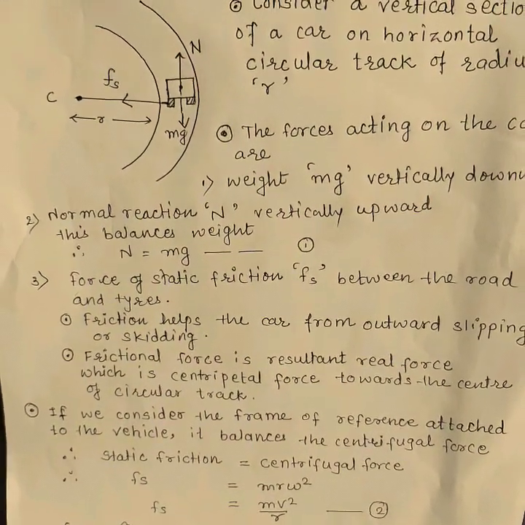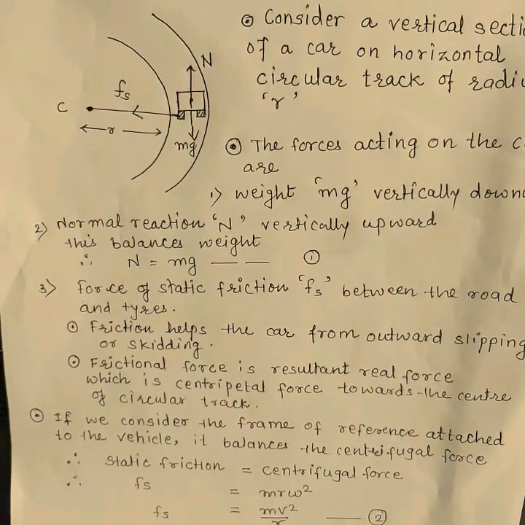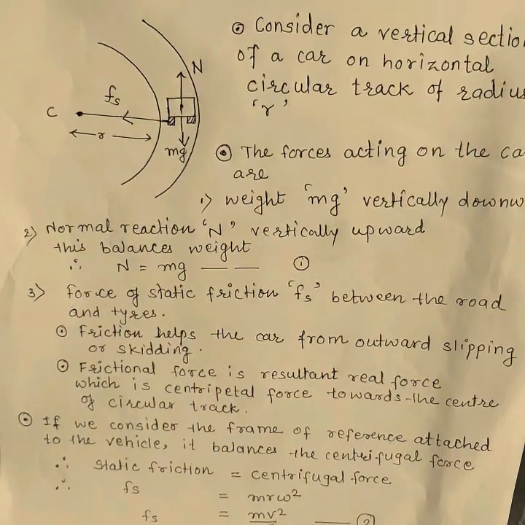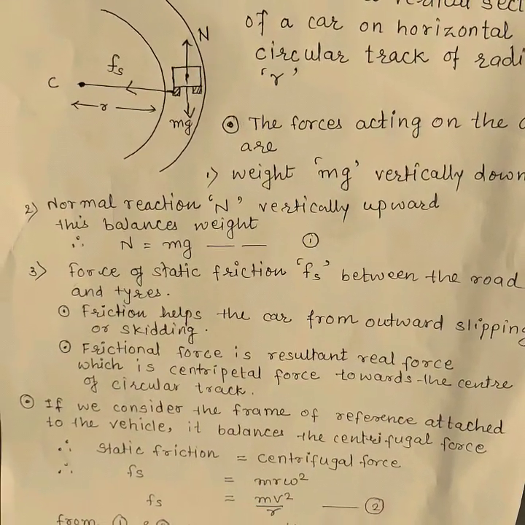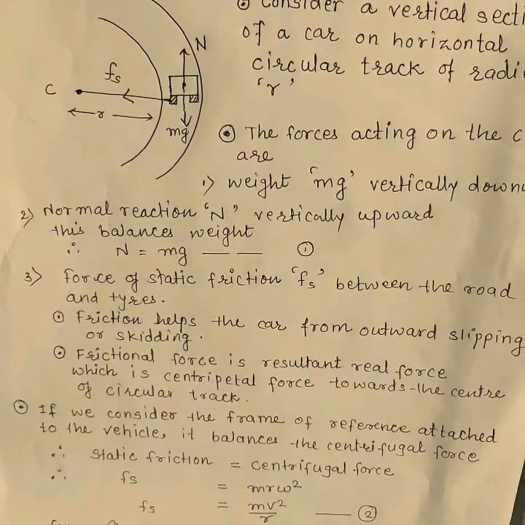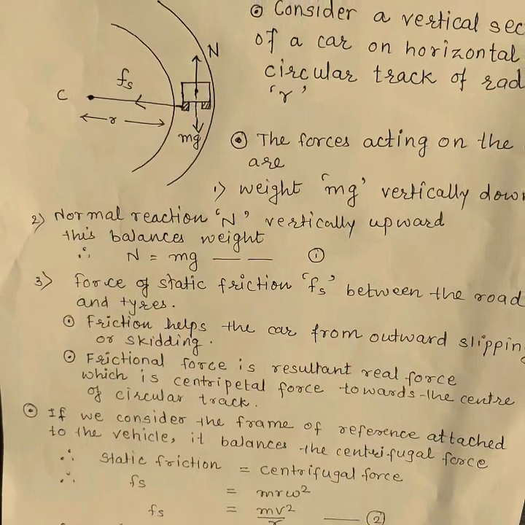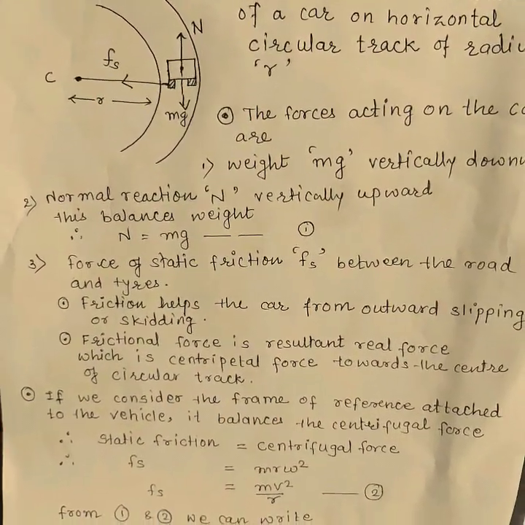Frictional force is the resultant of all the real forces, which is the centripetal force towards the center of the circular track. So, frictional force is a centripetal force here, as the frictional force is acting towards the center.